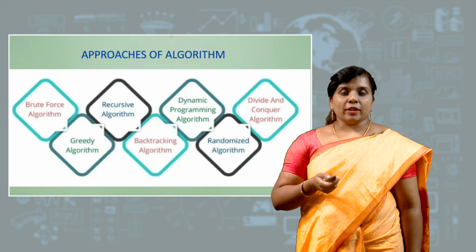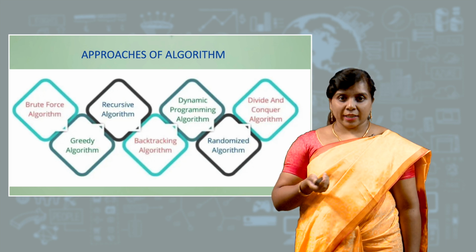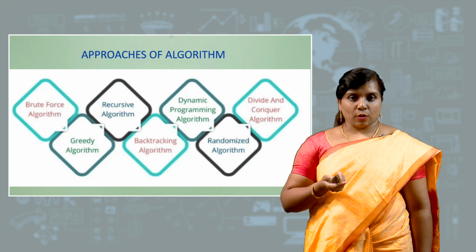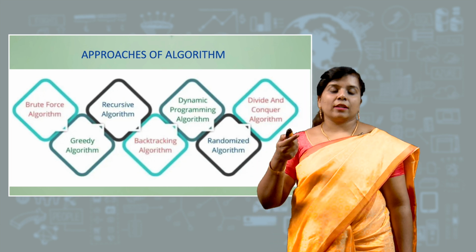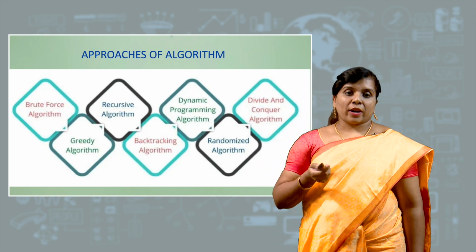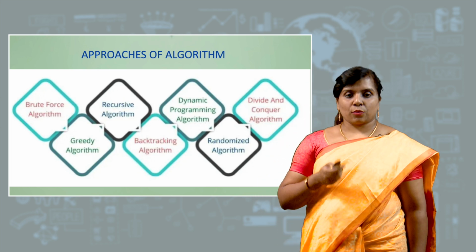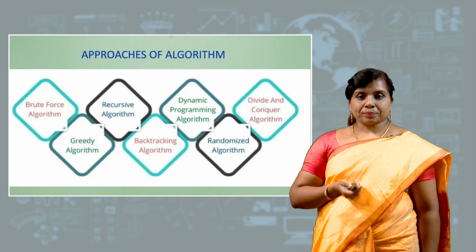So, in short, the difference between brute force and greedy is that in a greedy algorithm, we do not stop with getting one solution for that problem. We always try to make optimal steps in successive iterations in an attempt to find the best solution, the optimal solution for that problem. That is the principle behind greedy algorithms.